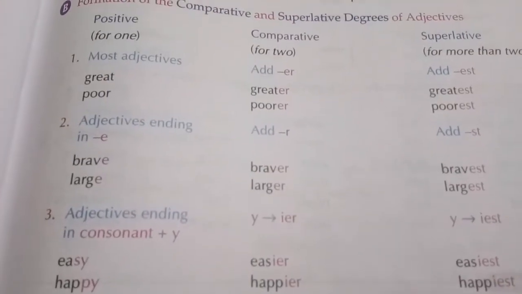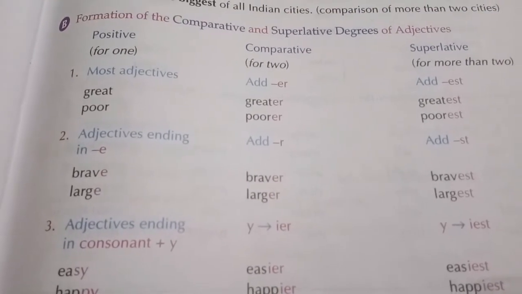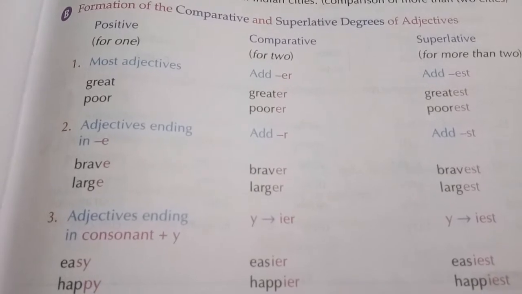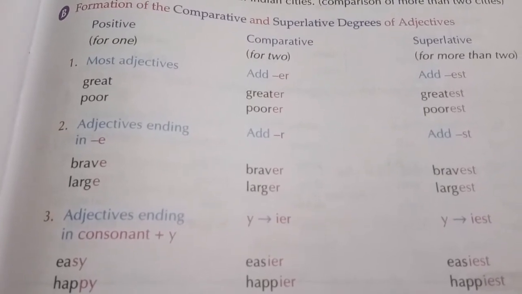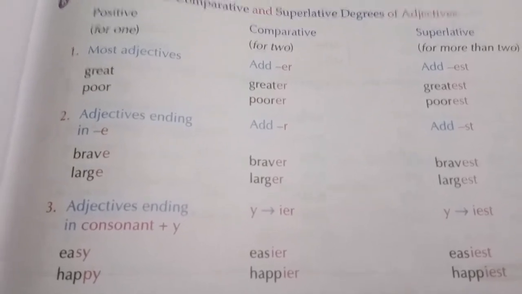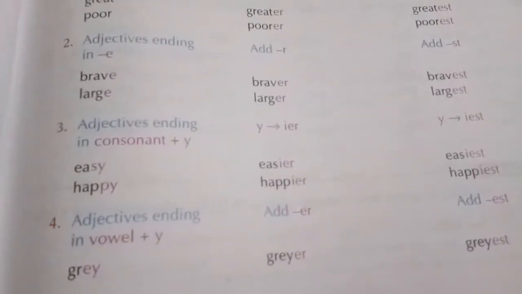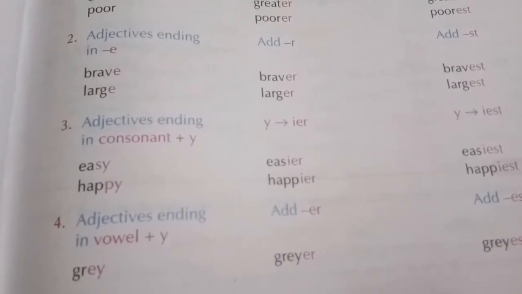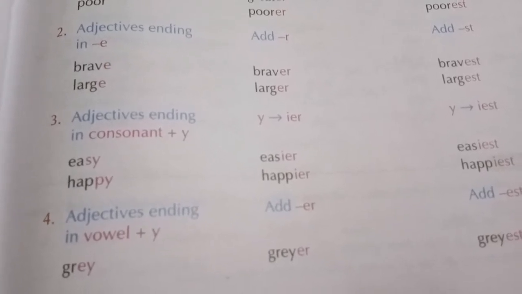Here are certain ways how to make comparative and superlative. In most of the cases we use ER for making comparative and EST for making superlative to the positive degree. Positive is the first one. Adjectives which are ending with E, we just add R or ST to them.